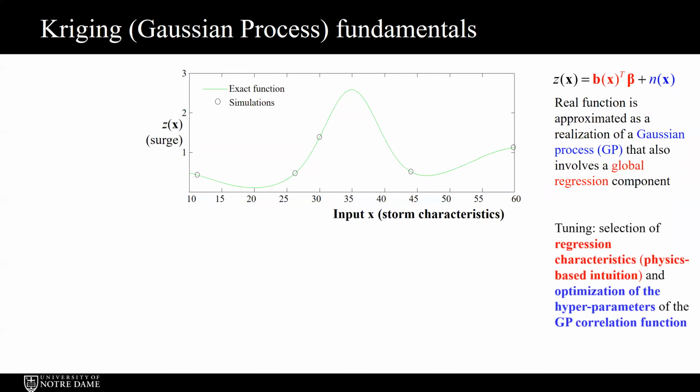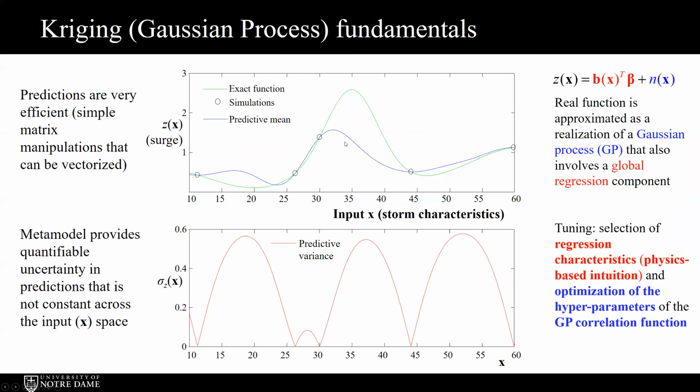Then we perform some calibration of the surrogate model, and after the calibration, we have estimates for the mean predictions, but also we can quantify the uncertainty in those estimates. We can obtain this predictive variance. You can see it's exactly zero at the points where we do have our observations.